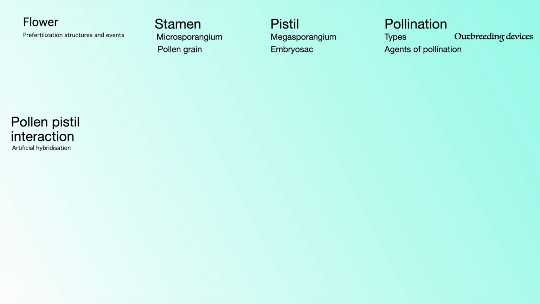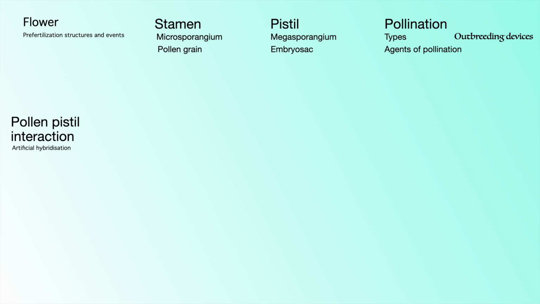We know that at the micropylar end of the embryo sac, there are two synergid cells and one egg cell. So this pollen tube enters one of the synergid cells. And if you remember, we have seen there is a wall thickening of the synergid cell called the filiform apparatus. So this pollen tube enters the synergid cell through the filiform apparatus at the micropylar end.